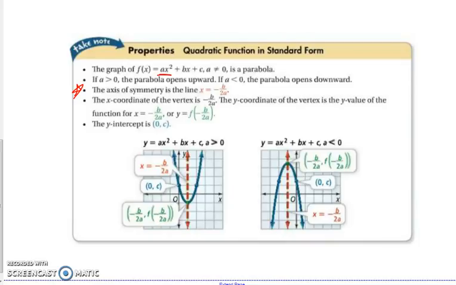That's going to be an important formula for you to memorize. The x-coordinate of the vertex is that value, negative b over 2a. And then we substitute that x value into the quadratic to get the y value for the vertex. And remember that the y-intercept is the c value. So all of that we've talked about before. We're just going over and recalling some of that information.